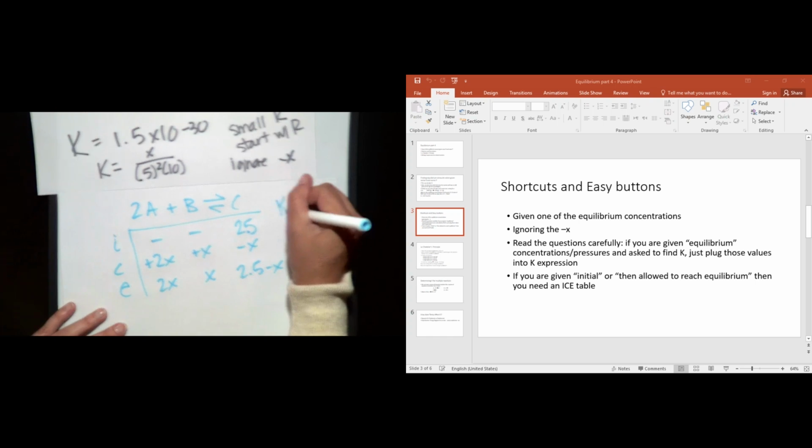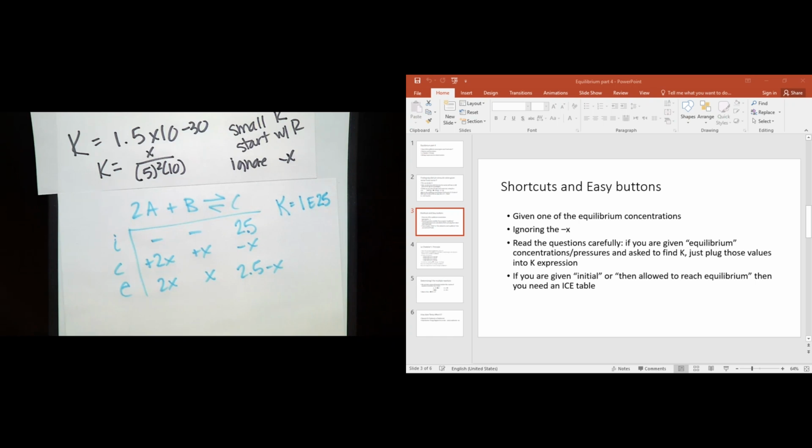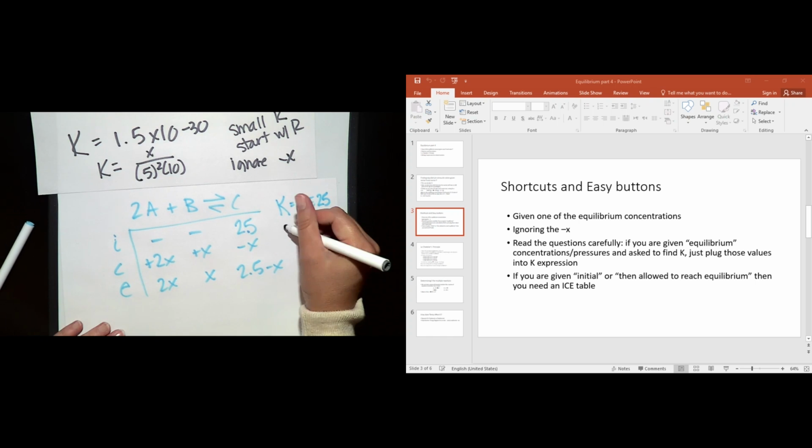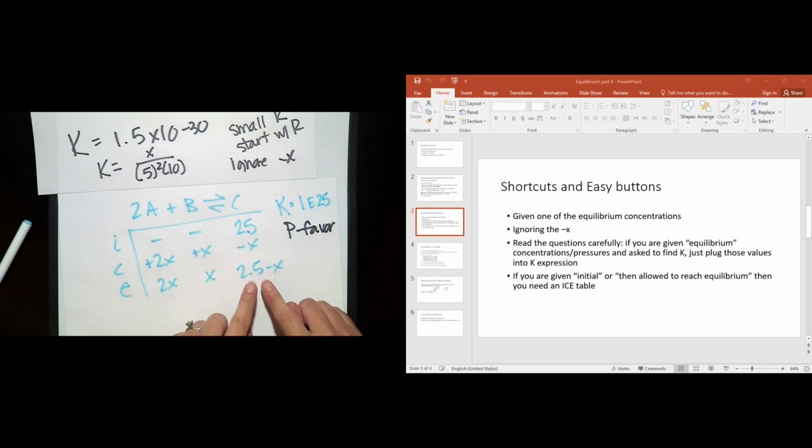Let's say K is huge. 1 times 10 to the 25. That's a big K. Remember, a large K is product favored, which means most of the atoms at equilibrium are going to be coming together to make product. So this change is very, very small.